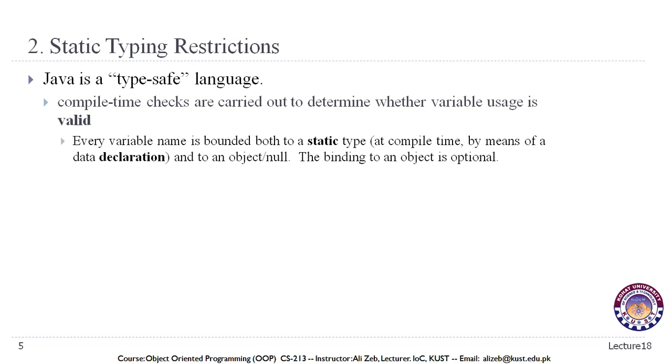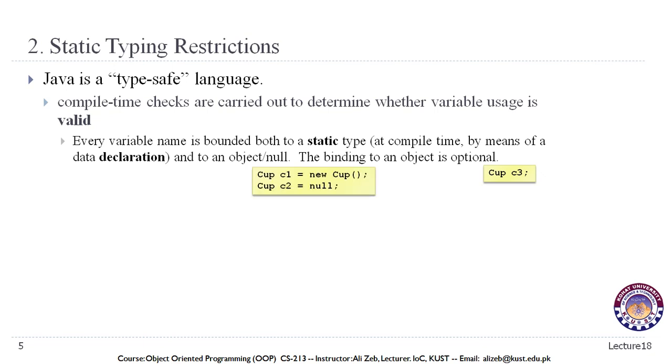Every variable name is bound to a static type at compile time by means of a data declaration. For example, when we declare an object with a user defined data type, this variable is bound to this class or the data type that we have declared the object with.